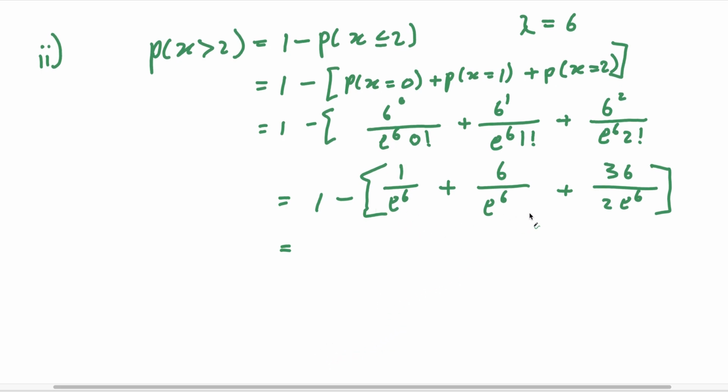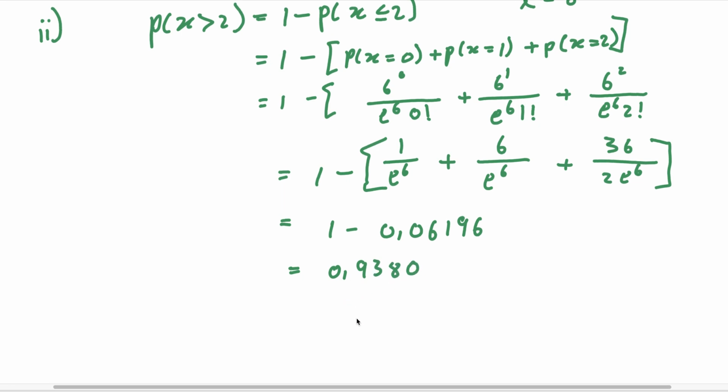So you'll get that these values will give you 0.06196. Of course, you'll get a long number, so you just need to round it off, and then your answer is 0.9380. So that's your final answer for this question.